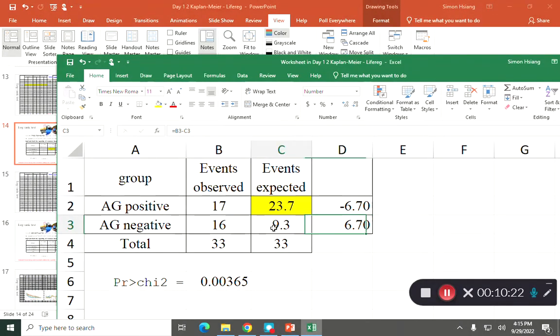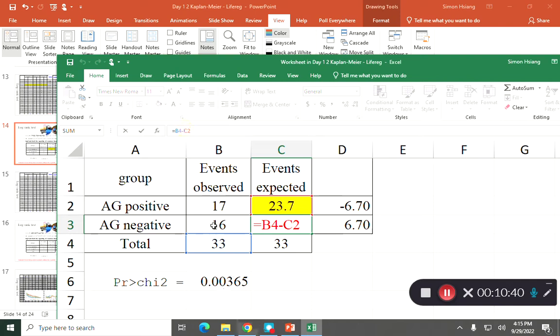In other words, this can be estimated. 9.3 can be estimated because one group is 6.7 behind or negative, and the other group must be 6.7 ahead. And how did you get this 9.3? Using 33 minus this number, or you can use 16 here.